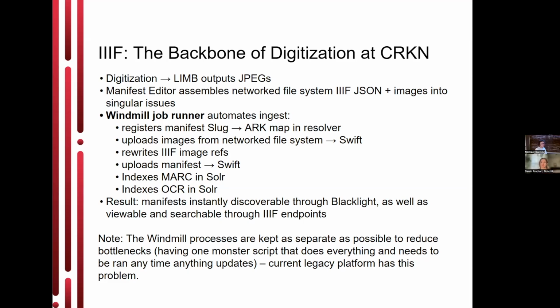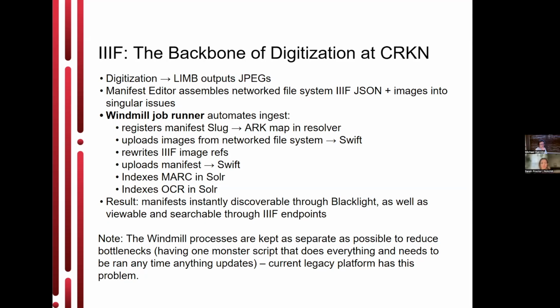And this way, the library catalogers can take only the images that belong to one item, and bind it into a singular manifest instead of us uploading an entire reel. So after that, we use Windmill software to automate all sorts of things.